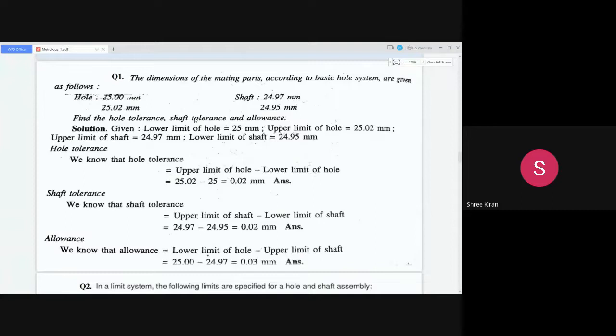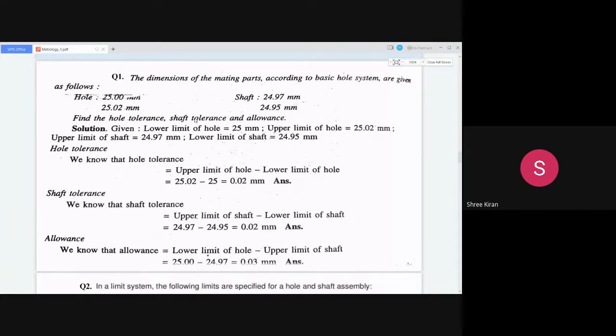So here we have the lower limit of the hole minus the upper limit of the shaft. The upper limit of the shaft is 24.97 and the lower limit of the hole is 25 mm.